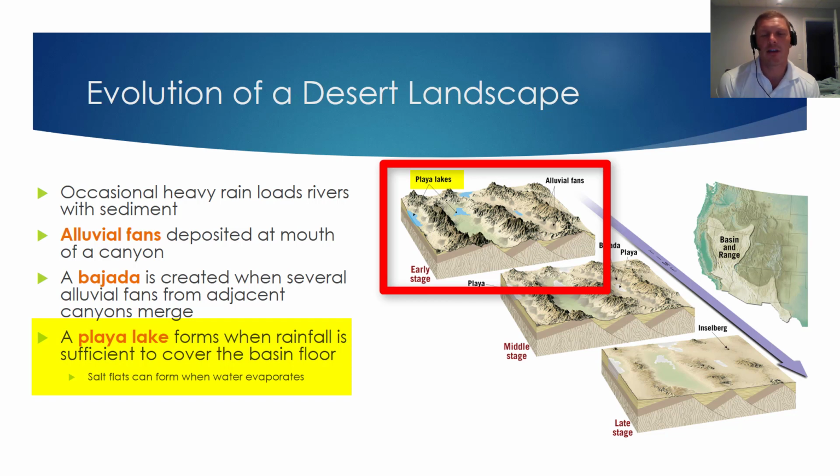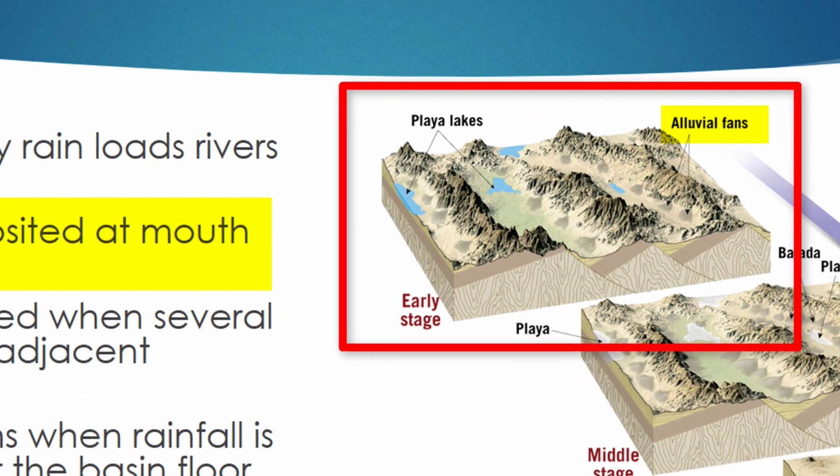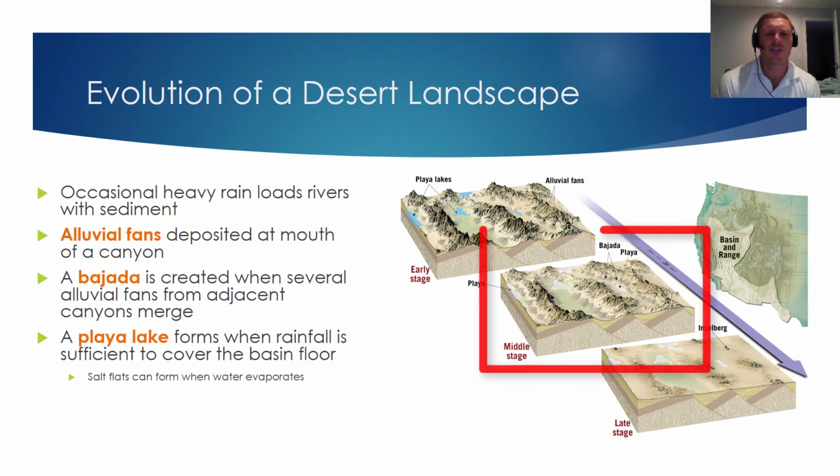But because deserts don't get rainfall very often, these playa lakes will often dry up. When they dry up, you can see the formation of salt flats, or rock salt, as I showed you in a previous vodcast. Another feature to note in the early stages of desert formation are alluvial fans. Alluvial fans look kind of like cone-shaped deposits, and you tend to find these alluvial fans at the mouth of a canyon.